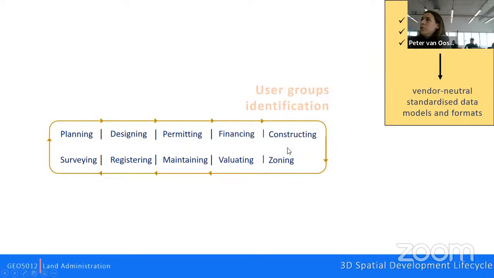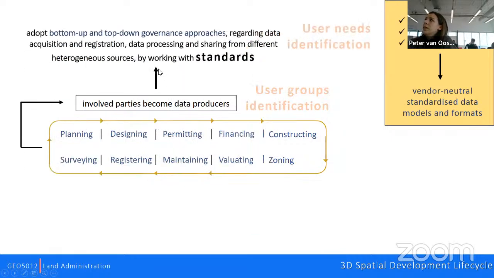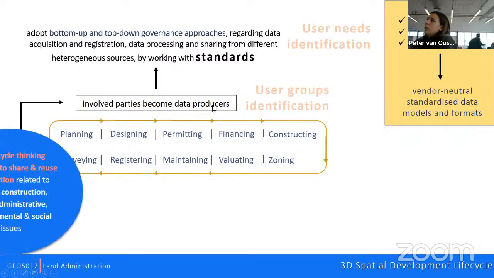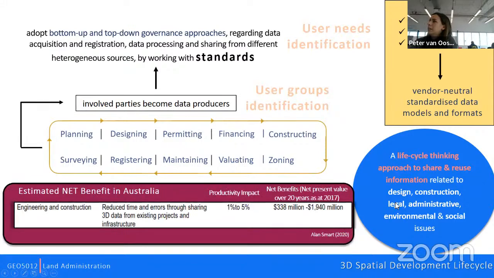We have various user groups that, now that we put them in this cyclical approach, become data producers. So they're not only data users; some of them used to be also data producers, and those are usually the designers. And then we have to identify the needs of each one, and go to a more life cycle thinking approach to share and reuse information for all those different domains.